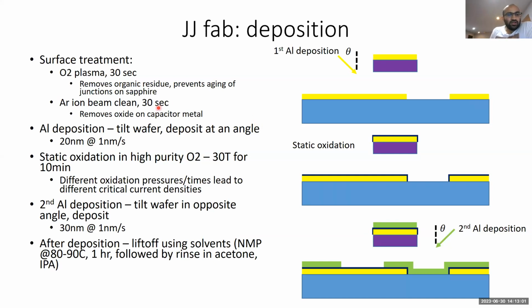An argon ion beam clean of 30 seconds is enough to remove that oxide. When we first tried this, we were worried that because we're making junctions on sapphire and we're not doing oxygen plasma, maybe our junctions would age again and age all the way to open. But it turns out that this argon ion beam clean also prevents the junctions from aging. So it's an added bonus there.